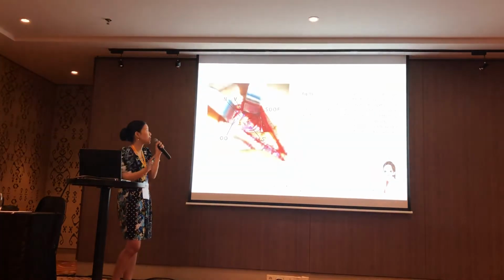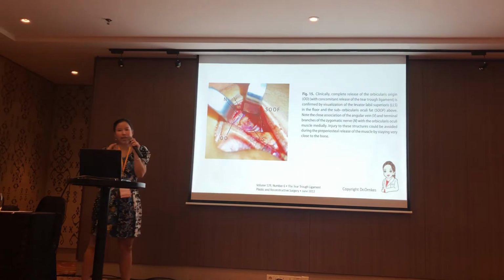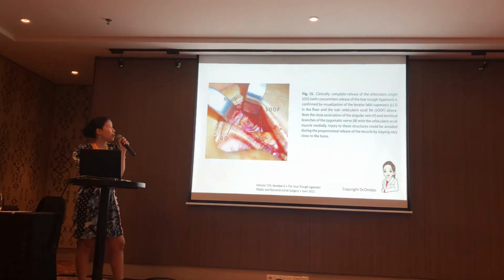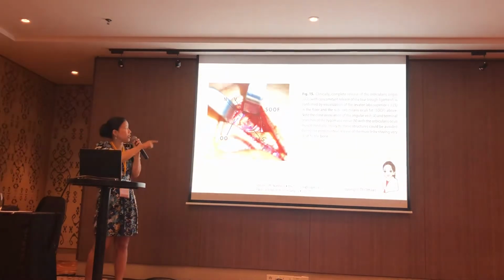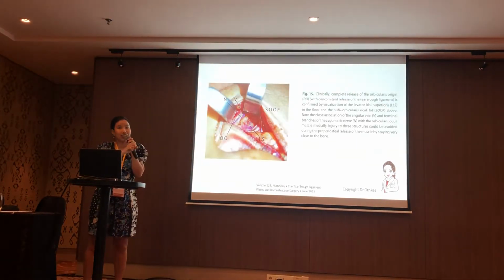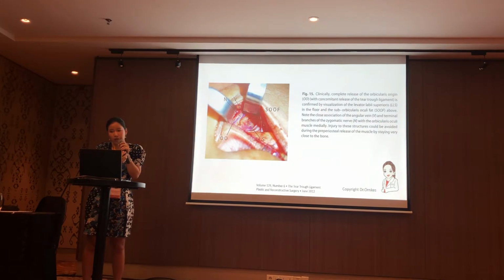And from this picture, you can see the anatomy around here, where there are a lot of very important structures. You see, you have the terminal branch of the zygomatic nerve, a really important nerve, and you can see that it has vessels.